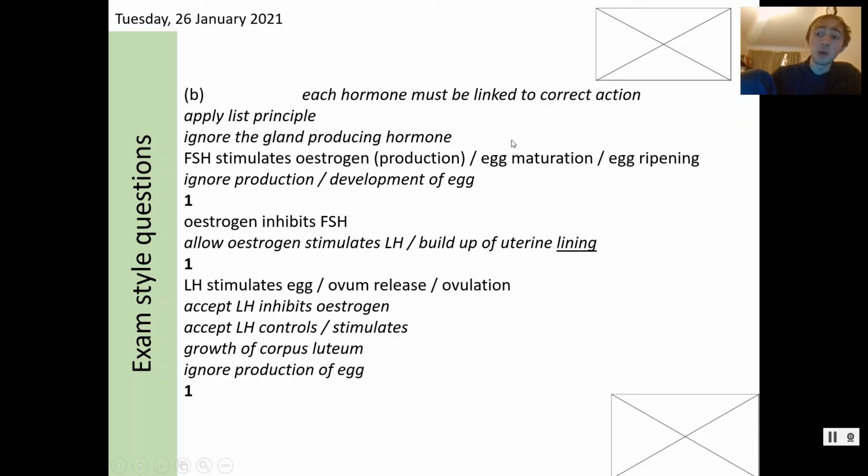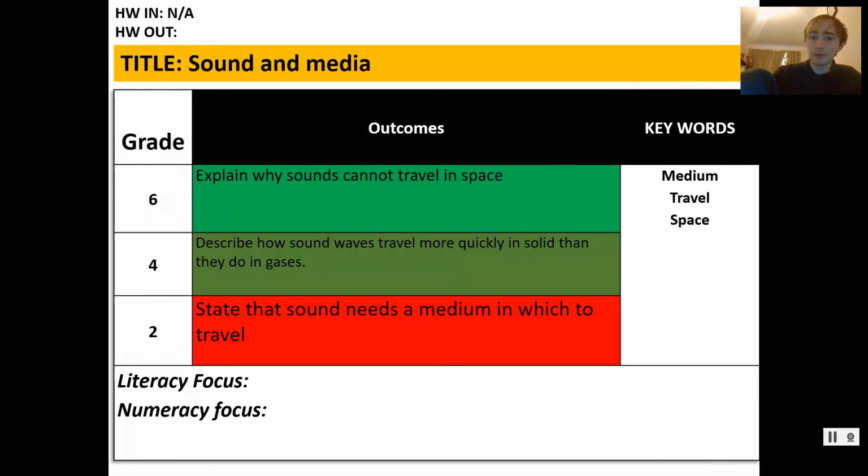Makes the egg mature, or the egg ripen. Because they want you to know that it's not creating a whole new egg, because the eggs are already there. It's making them grow up, if you like. Mature is the word I would use. So FSH makes eggs mature, and that's fine. And that's quite recent. Until recently, they were quite happy with develop. They've become a bit more fussy recently.